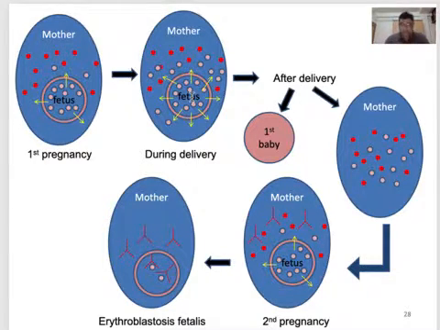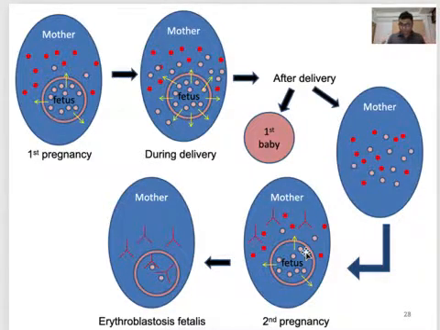The first pregnancy is safer, but the problem is if that same mother gets pregnant again with an Rh positive fetus. The mother already has quite a number of anti-Rh antibodies, and again some Rh positive cells from the fetus will enter the mother's body, further boosting anti-Rh antibody production.